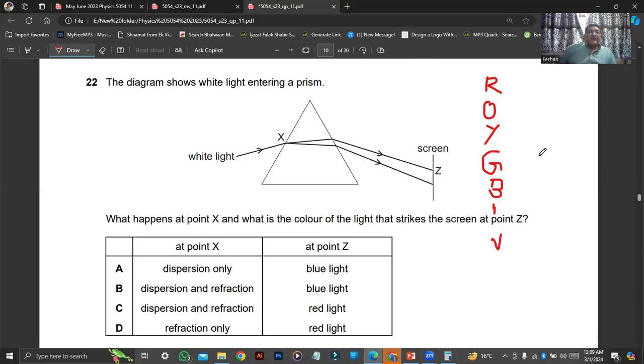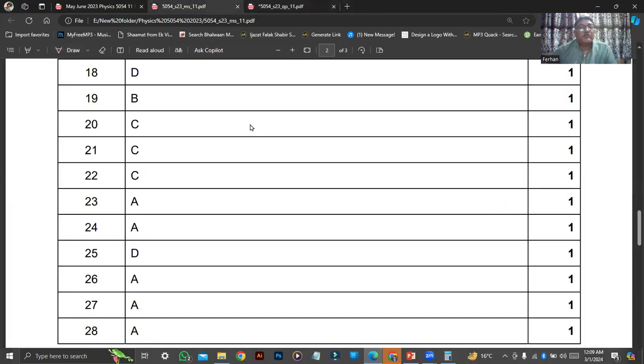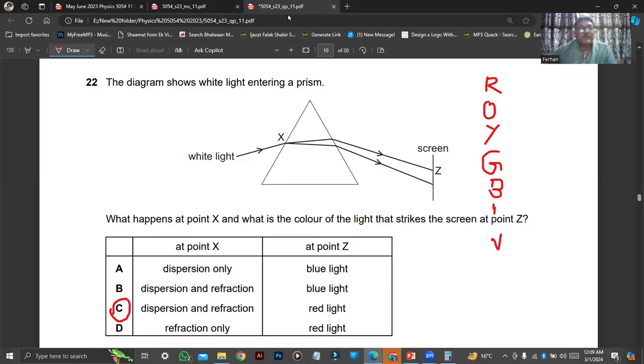So at the point Z, red color will be formed. So at X, dispersion and refraction will take place, and at Z, red color will appear. So I think for question number 22, C is the best option.